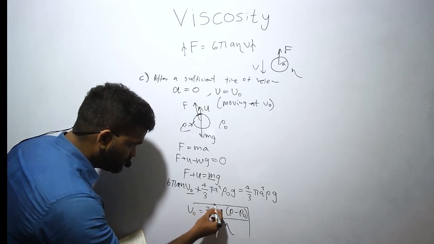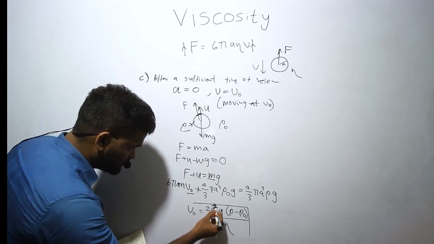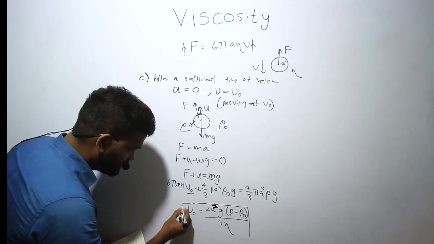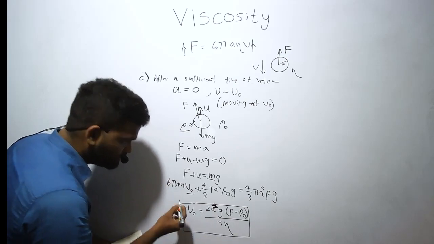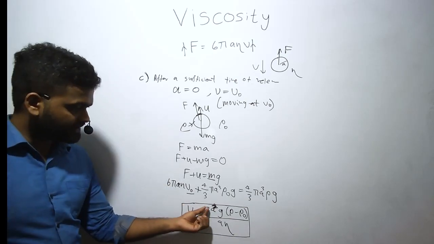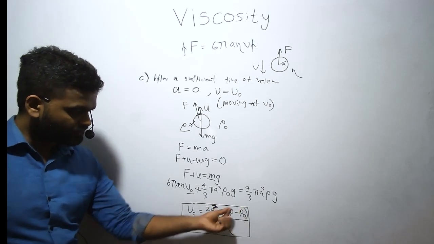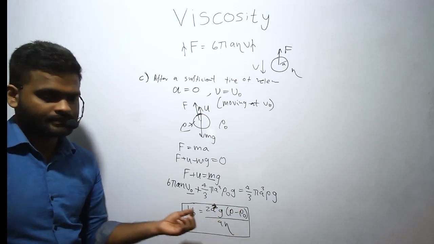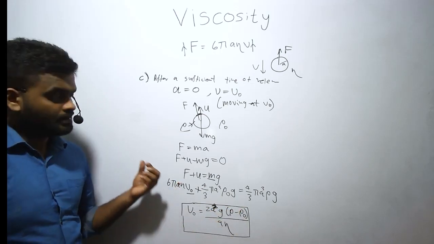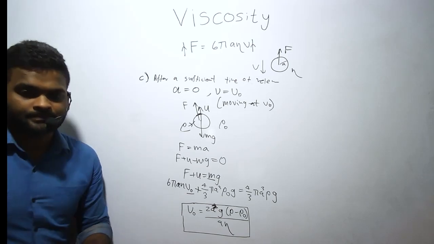This equation you must remember. This is a large equation, but you must remember this equation for terminal velocity. What is that? 2a squared G rho minus rho naught divided by 9 eta. You have to remember this, right? Okay, take it down.